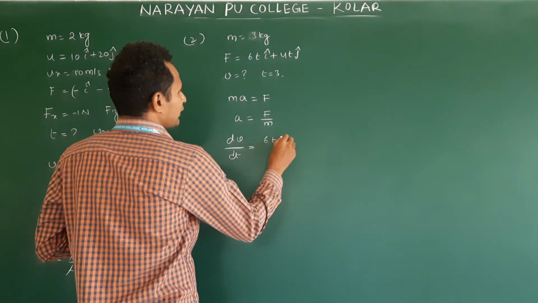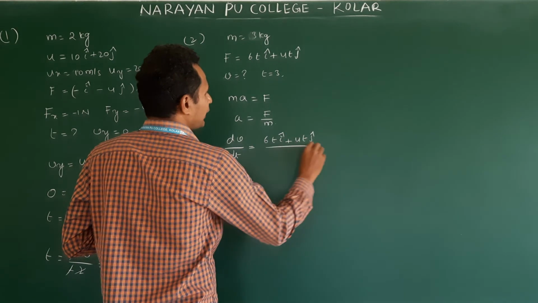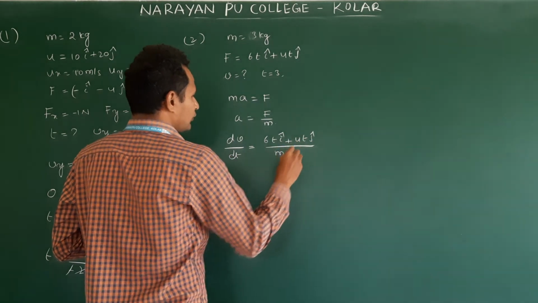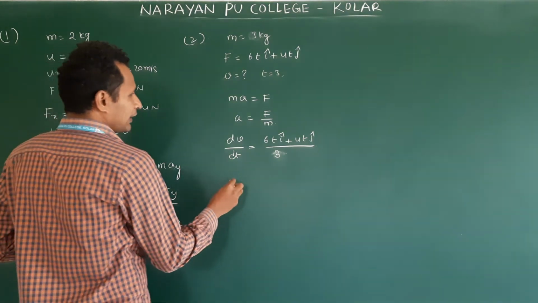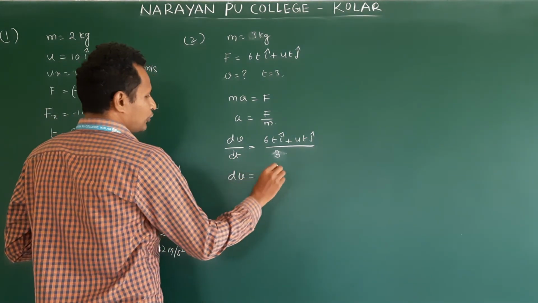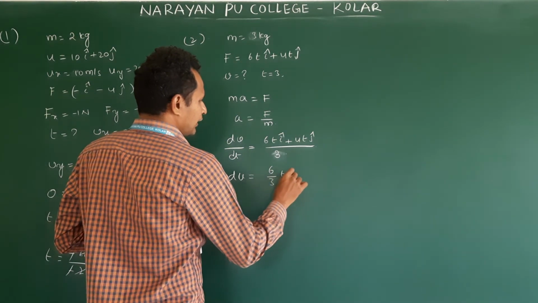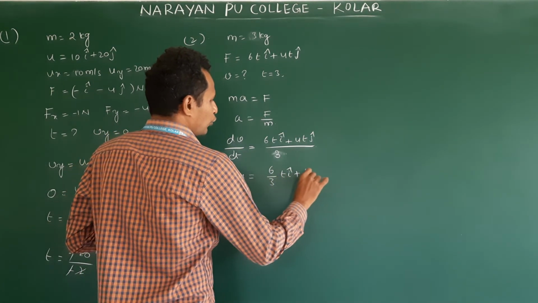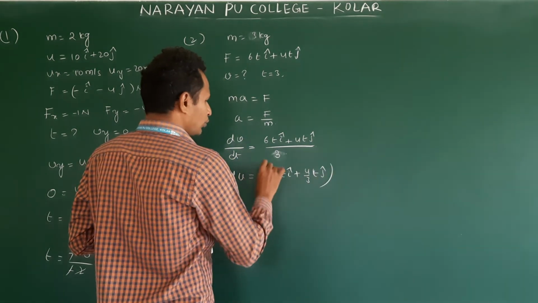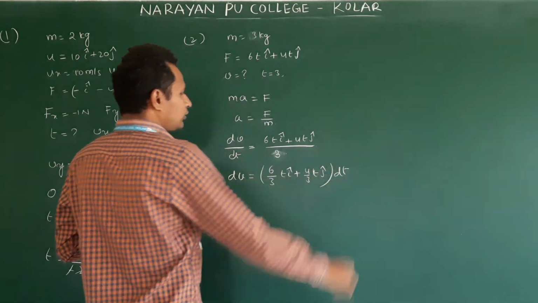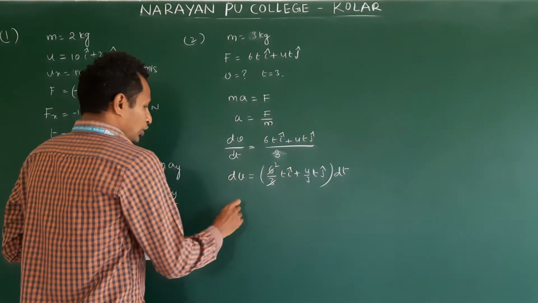F is 60 i cap plus 40 j cap by m, which is 3. Clear? This we can write as dV is equal to 6 by 3 t i cap plus 4 by 3 t j cap into dt. This cancels 2 times.